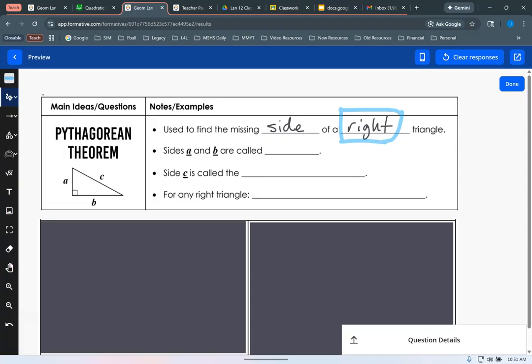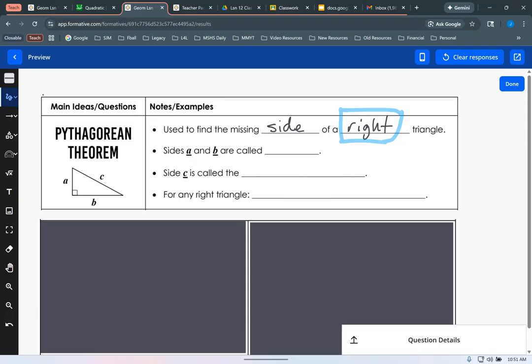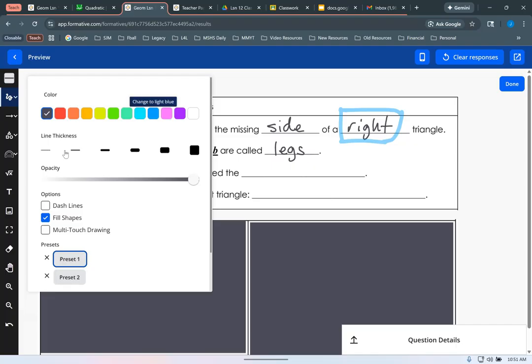Now, in this picture over here, you can see that the sides have been labeled with an A, a B, and a C. This is a common way for us to write the Pythagorean theorem. And so what you need to know is when we talk about the sides A and B, we call those the legs of the triangle. The legs of the triangle.